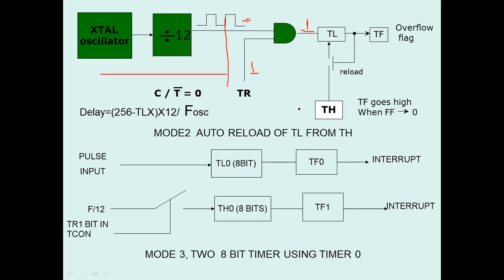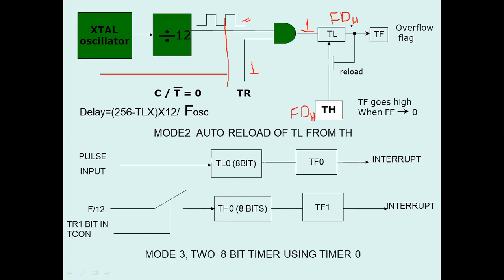Suppose the value FDH is loaded to THX, and the TL value is again FDH. What will happen? It will count FD, one count FE, then one count FF, then the third count will overflow.